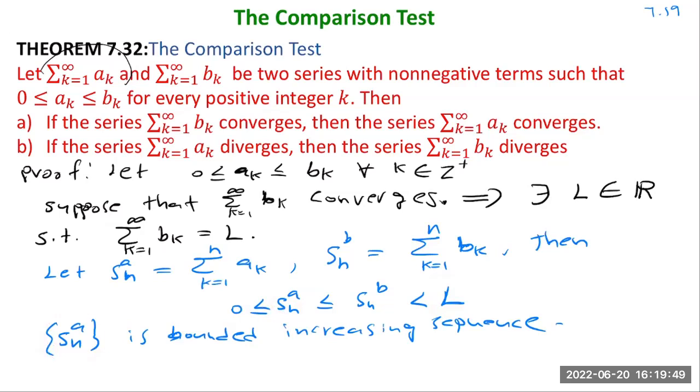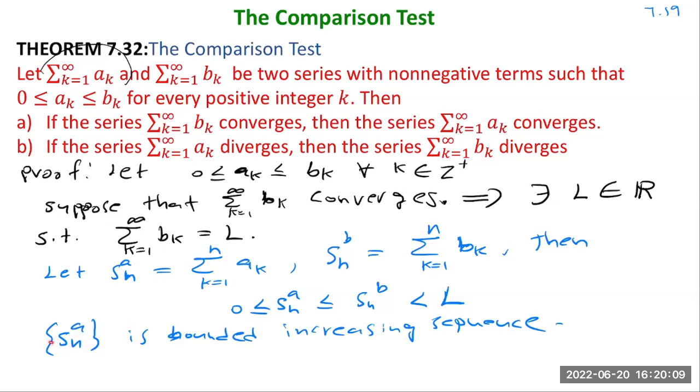Not only bounded, it is increasing. Why is it increasing? Because all the terms AK of this series are non-negative. So non-negative means when n is bigger, you add more non-negative terms, right?